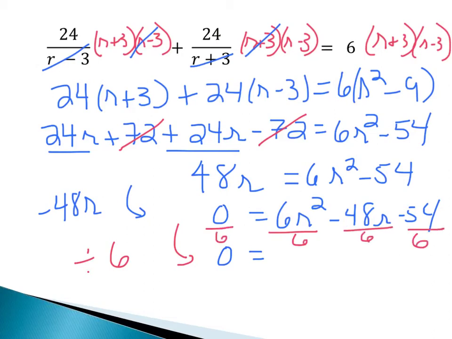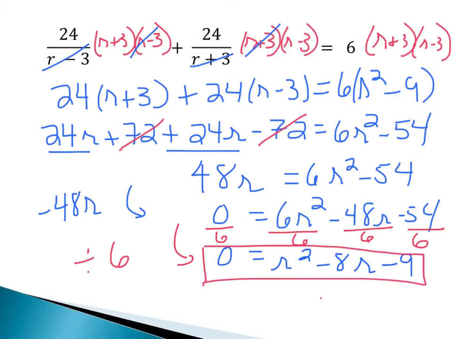Every term, right? And so here you get R squared minus 48 divided by 6 is 8R, and 54 divided by 6 is 9. We now have an equation that's quadratic, and we need to solve that. So let's go to the next slide.